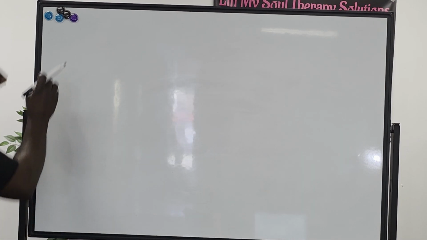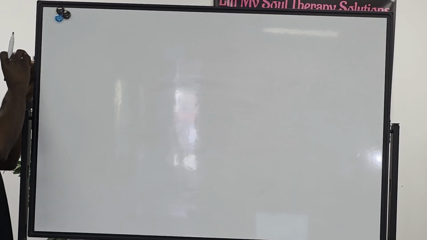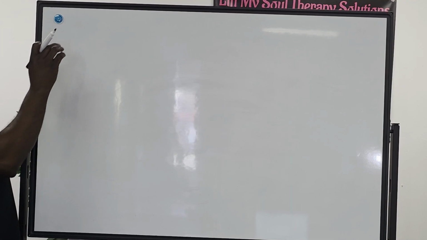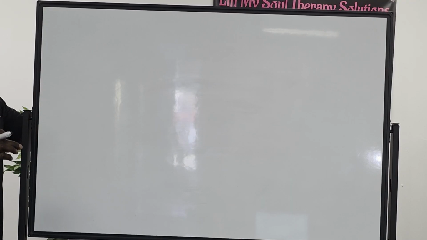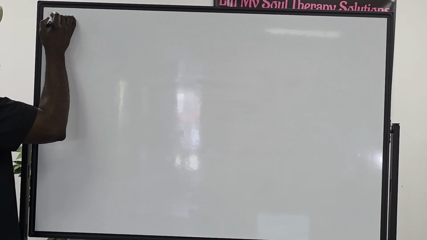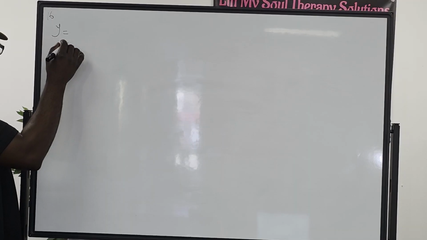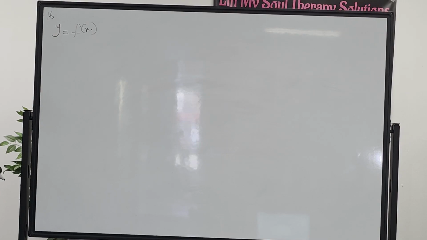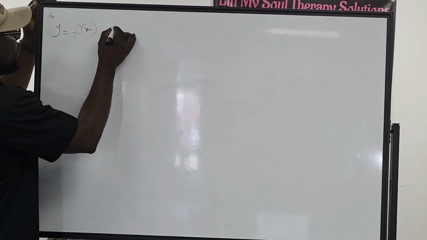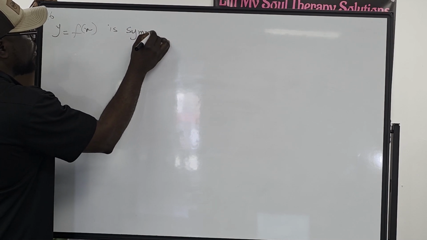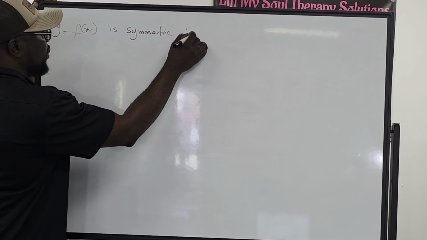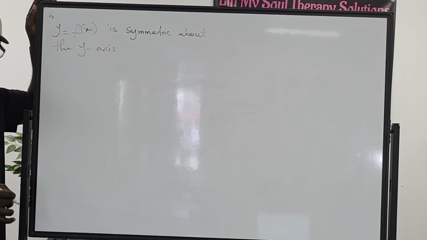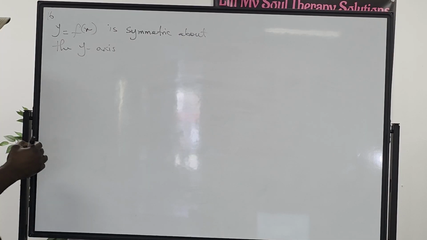Question 16. Question 16 says function f is an even function, which means the graph of y equals function of x is symmetric about the y-axis of the standard xy coordinate.